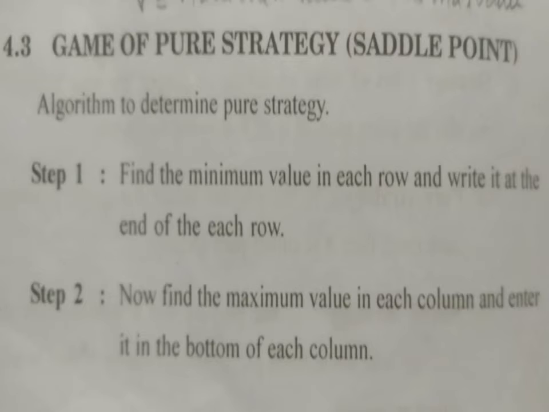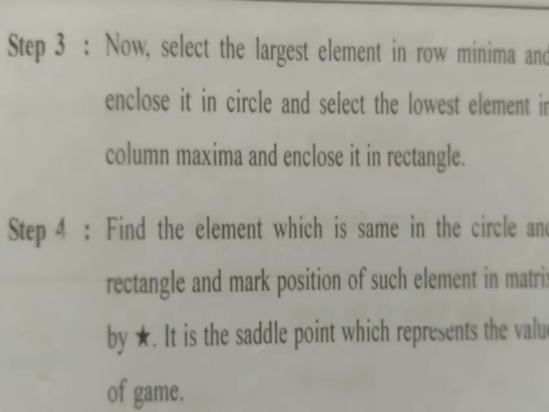Now you have to follow the steps. The first step is to find the minimum value in each row and write it at the end of each row. Similarly, find the maximum value in each column and enter it at the bottom of the column. The next step is to select the largest element in the row minima and enclose it in a circle, and select the lowest element in the column maxima and enclose it in a rectangle.